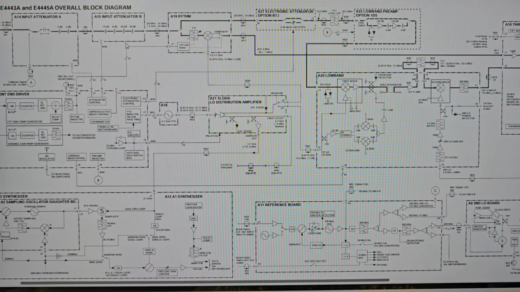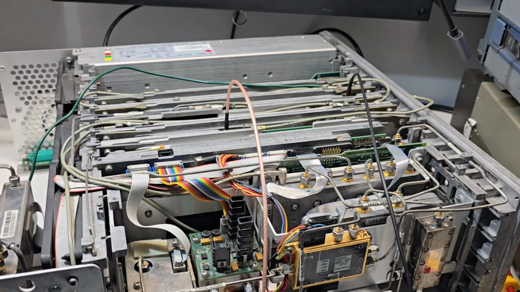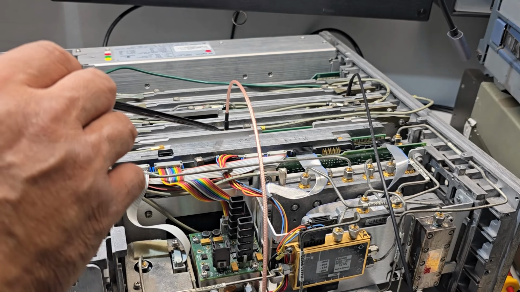Thanks for watching anyway, and in my next video I'll see if I can fix the attenuator, and also try to fix the A11. The problem with the A11 reference board is that there is a 40 pin connector which is plugged into the main backplane, and I don't have that extension board or extension cable, so I purchased that particular connector of the A15.